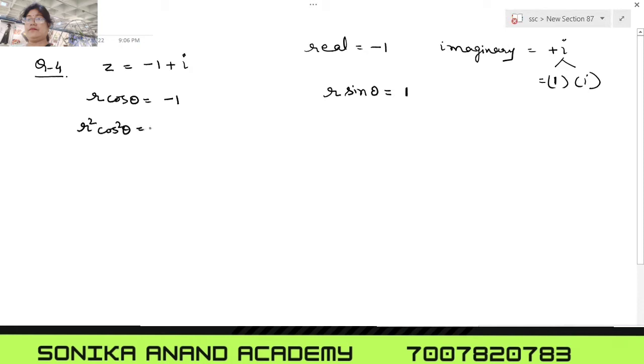R square, r square. Clear? Yes, ma'am. Now we add both of them.